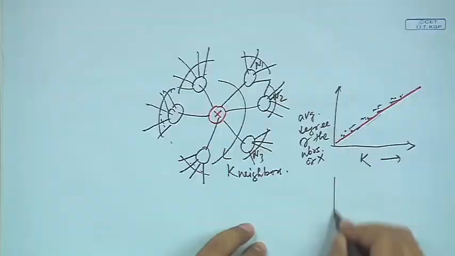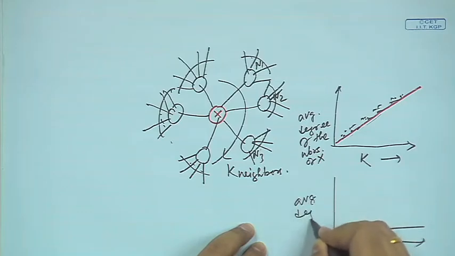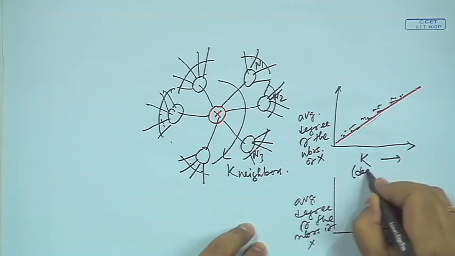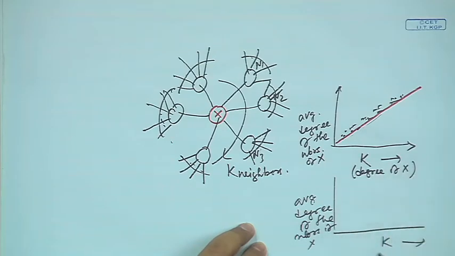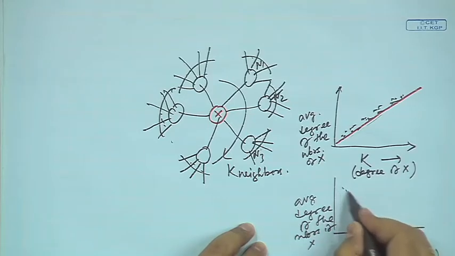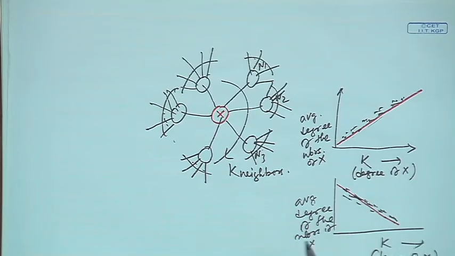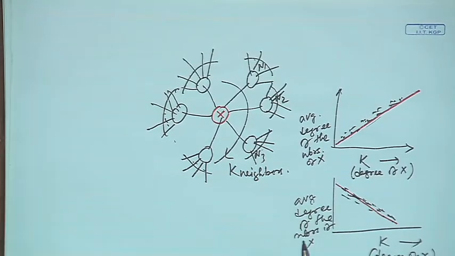Now, if you have a similar plot with k, the degree of x, and the average degree of the neighbors of x, and you have a scatter plot which is just opposite like this, then you have a high chance to believe that this network is disassortative in nature.